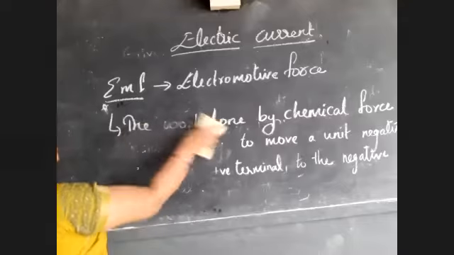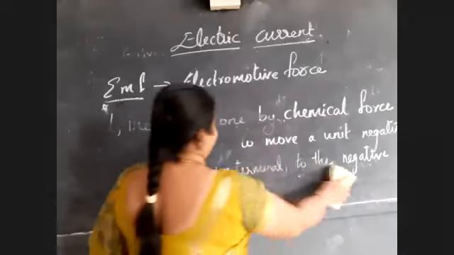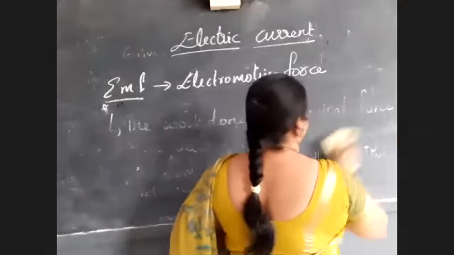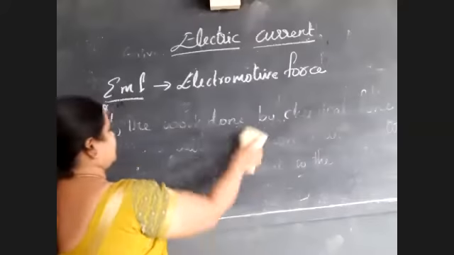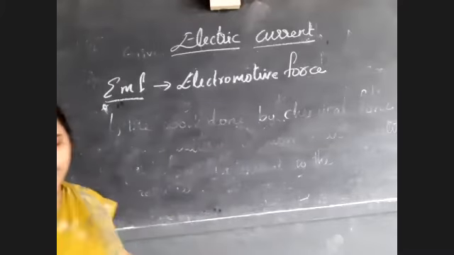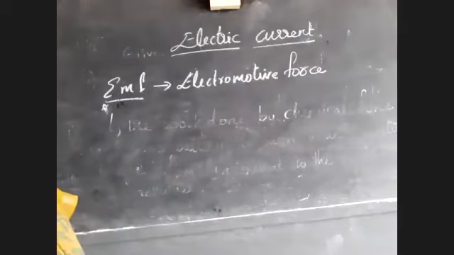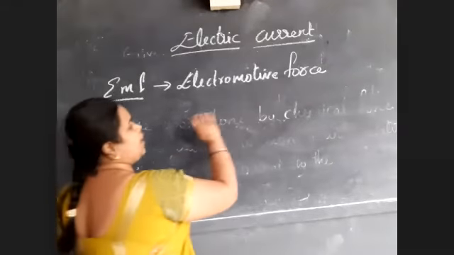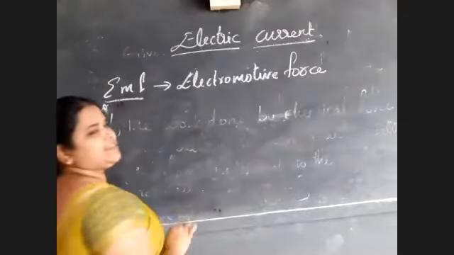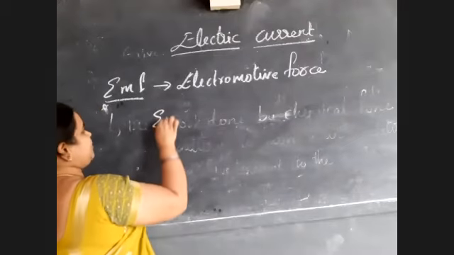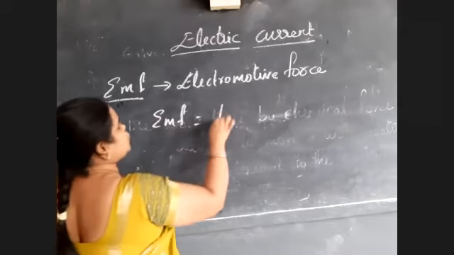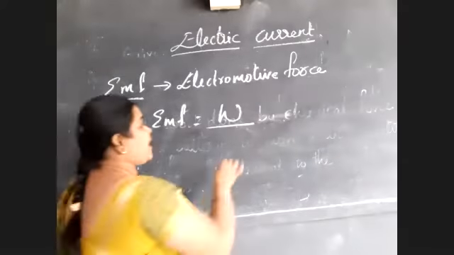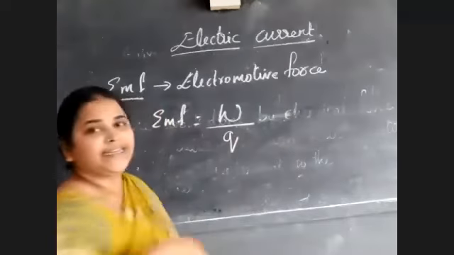Now, how to denote it mathematically? EMF is equal to work done on a unit negative charge.